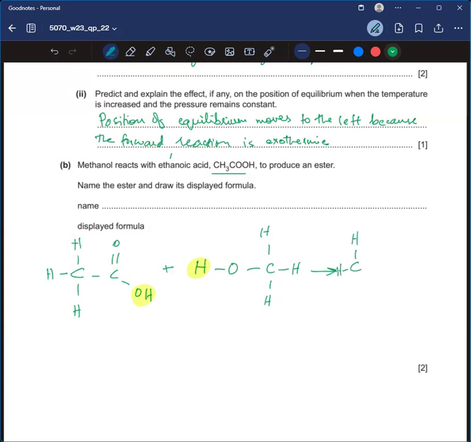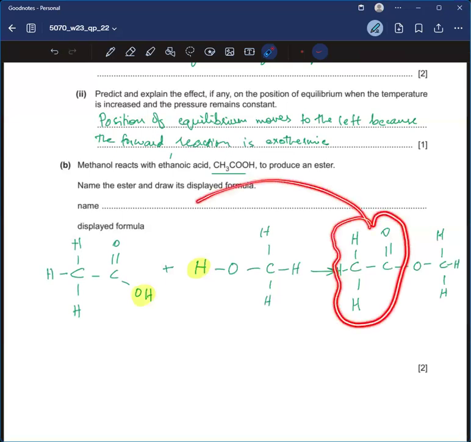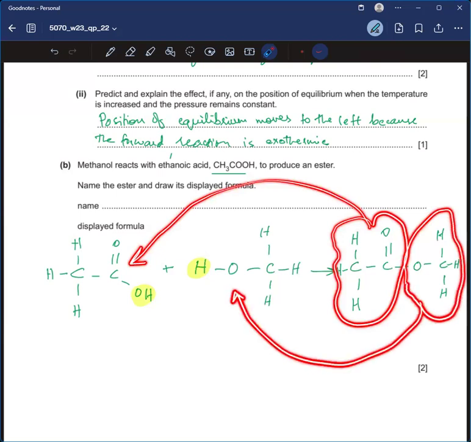The initial part of the ester is from the carboxylic acid, C double bond O, and O, C, H. So basically this part comes from the carboxylic acid, and this part comes from the alcohol.